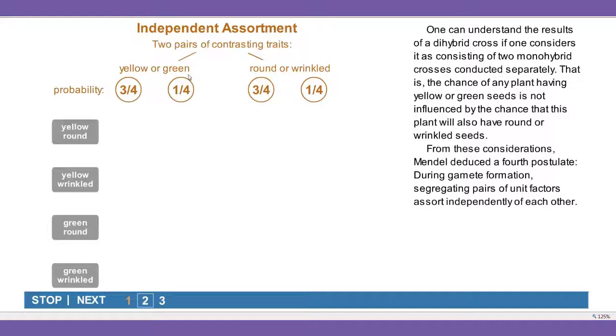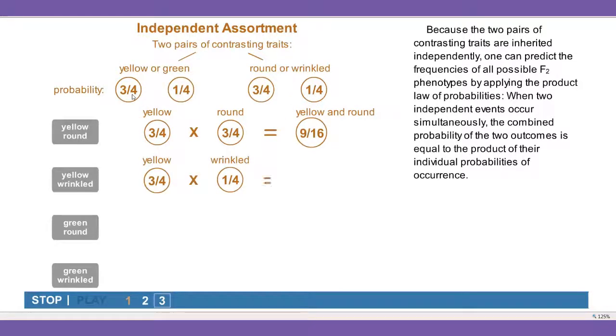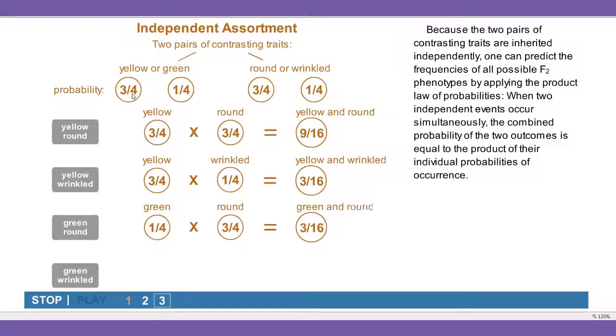And so now all you have to do is multiply the probabilities. Yellow is 3/4, round is 3/4, that gives you 9. Yellow is 3/4, wrinkled is 1/4, there's your 3. Round is 3/4, green is 1/4, there's your other 3. Green is 1/4, wrinkled is 1/4, there's your 1. So that's where we get our 9 to 3 to 3 to 1 ratio.